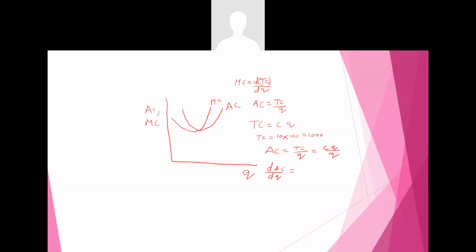We are differentiating average cost with respect to output. Average cost is TC/Q, which is CQ/Q, so this can be written as d/dQ of CQ/Q, that is the average cost.